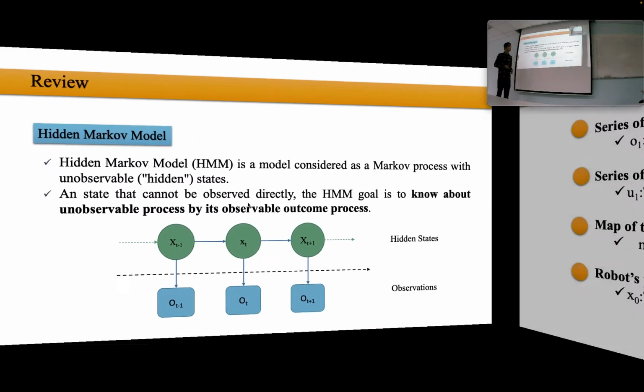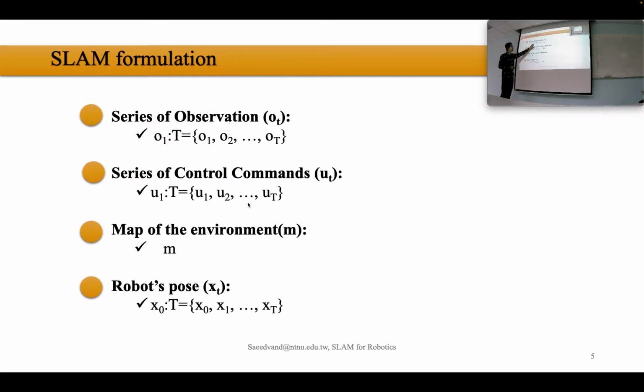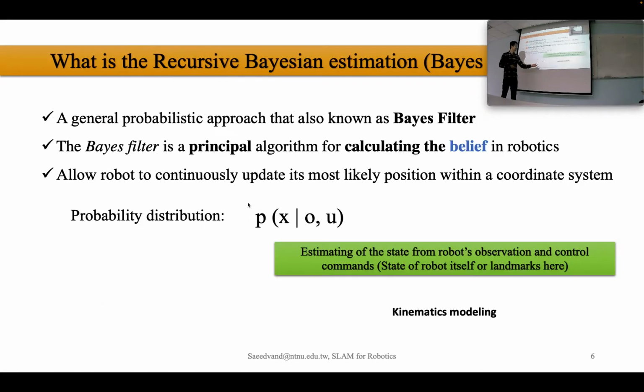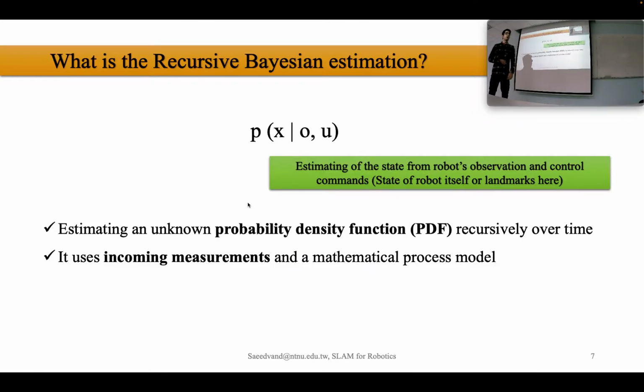We don't know this state, we don't see this state, but the output we see. From the output we want to detect it. We later said we have the observation set, the control command set, and the environment M, plus the X's that show the poses of the robot that we want to estimate. So our probability distribution we always show like this: probability of states given observation and control commands.